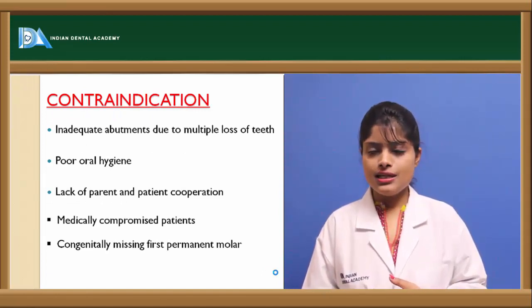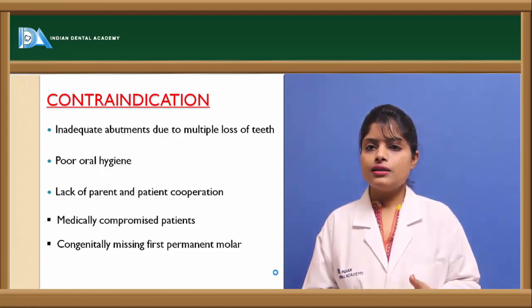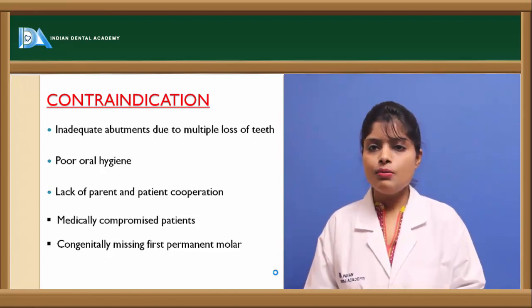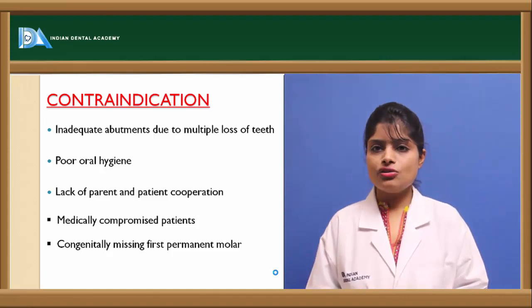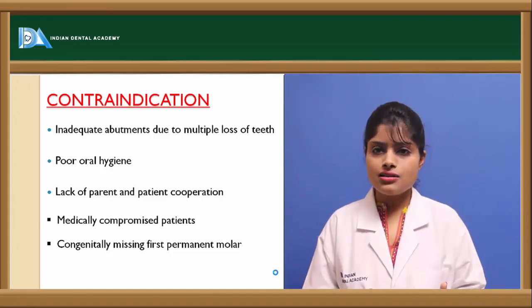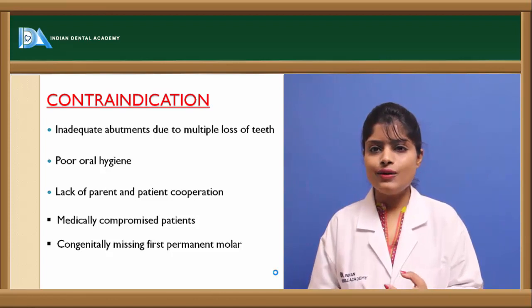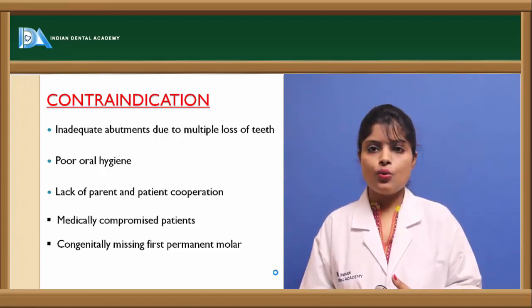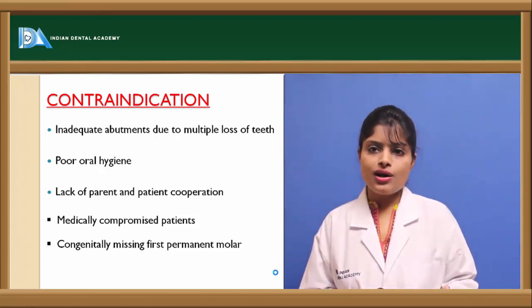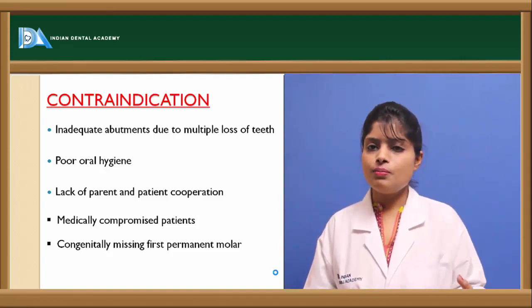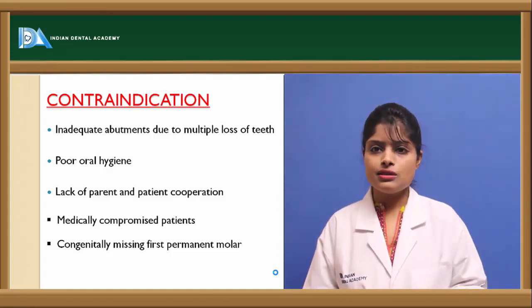It is contraindicated in patients who are hemophilic or having congenital heart disease or other medically compromised patients. Next, in the case where the permanent successor, the permanent first molar, is absent.